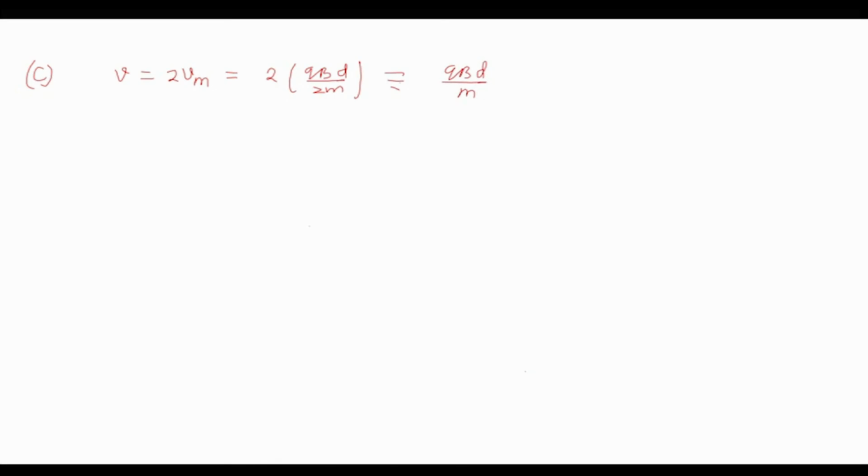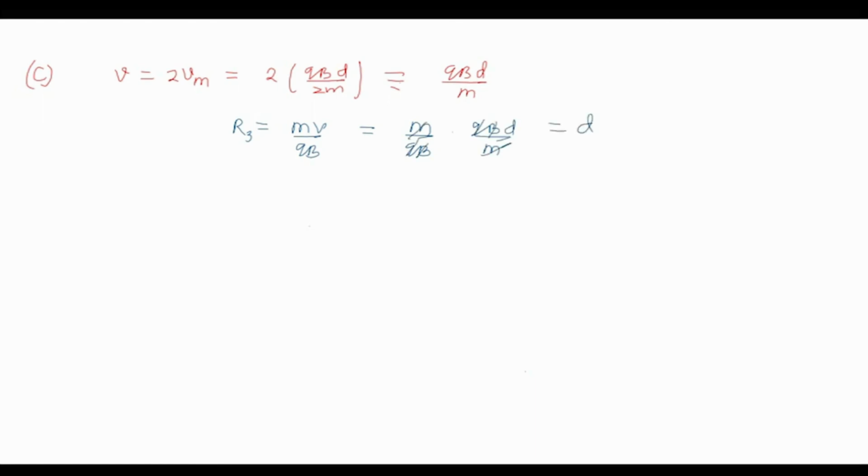So if we consider that the collision takes place, r is equal to mv by qb. So this is the next radius which we are calculating. I am calling it r3, that is m by qb into qbd by m. That is, they are moving in a radius equal to d.